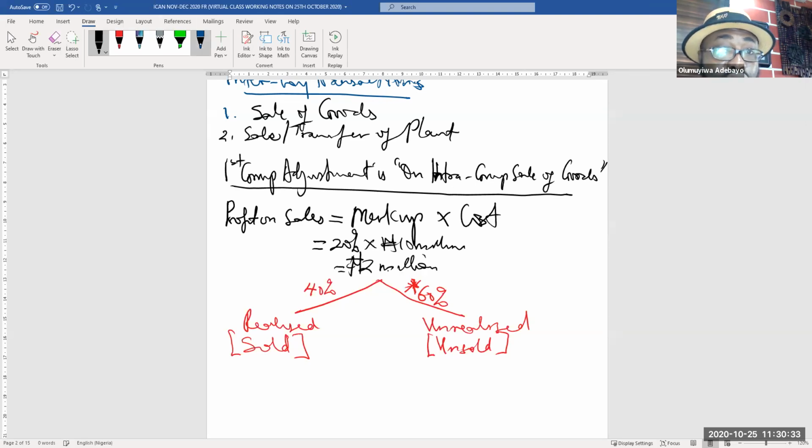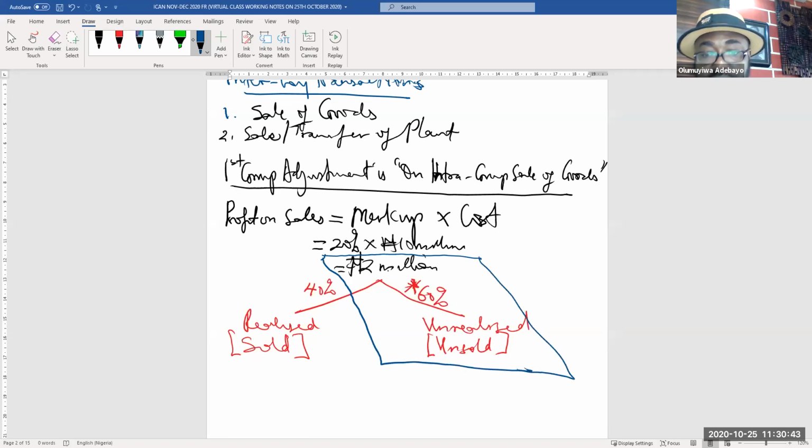my concern is that this 2 million, what portion of it is unrealized? That's my concern, which means my concern will now be unrealized profit on inventory.